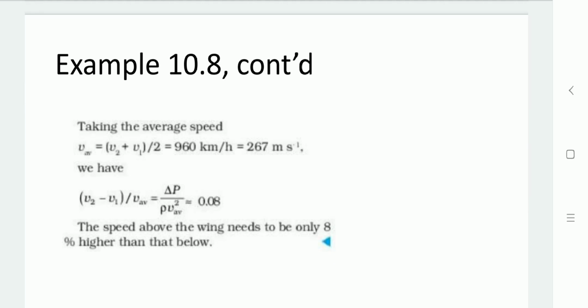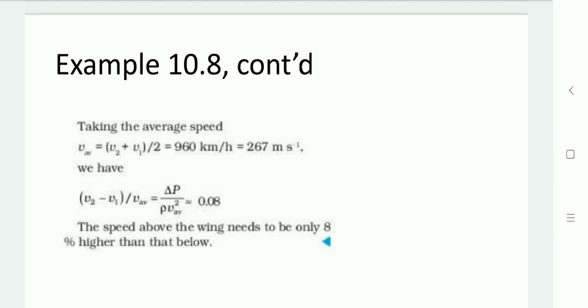So (V2 − V1) divided by V average equals ΔP divided by ρ V average squared, which is nearly equal to 0.08. So the speed above the wing needs to be only 8% higher than below the wing.